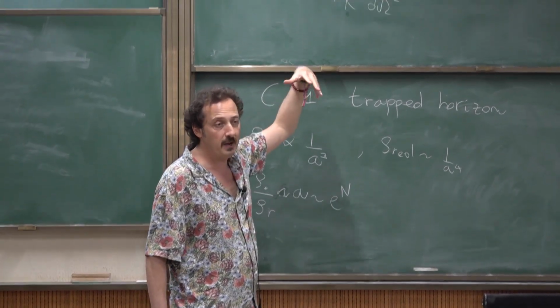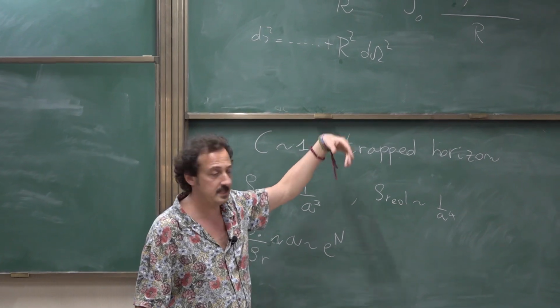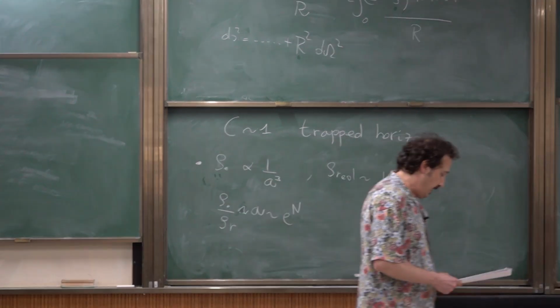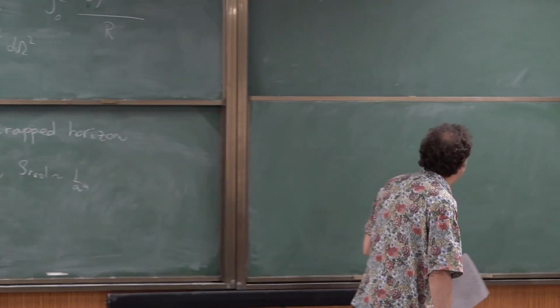So what we said is that let's connect this compaction function with the overdensity generated by inflation. That's the idea.